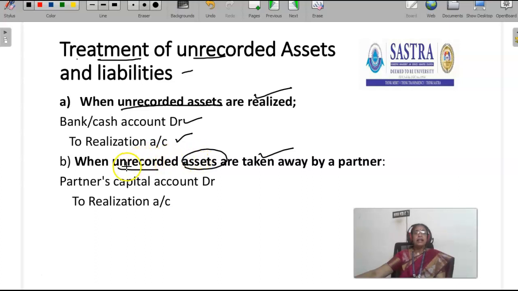If that asset is taken by a partner, the entry would be partner's capital account debit to realization account. One thing you have to remember: if a partner takes assets, his capital account should be debited to the extent of the asset value. If he accepts liabilities, then his capital account should be credited with the amount of the liabilities which is going to be discharged or settled by him.